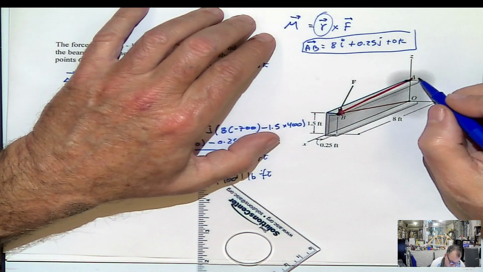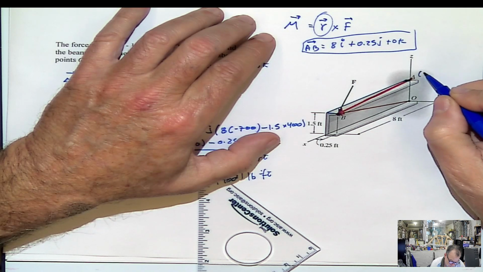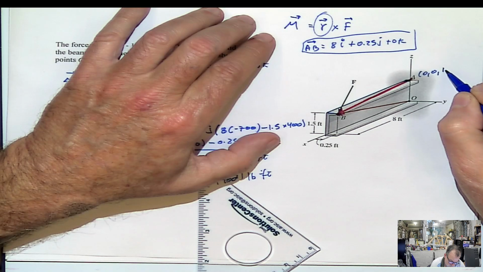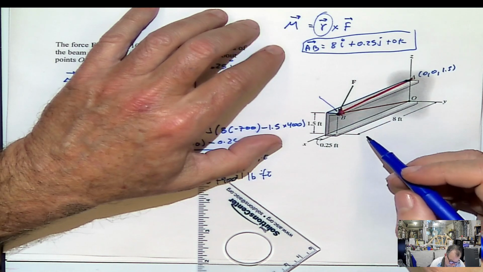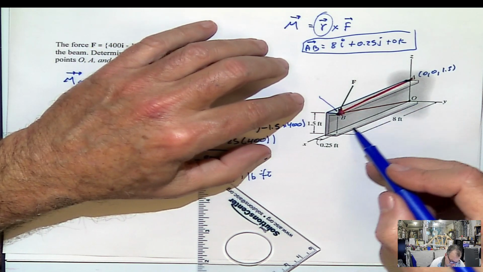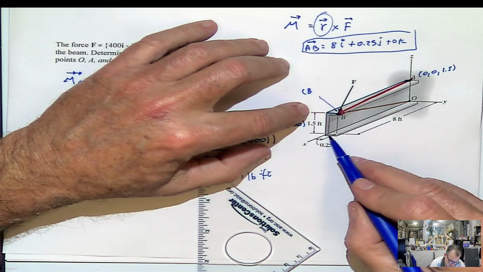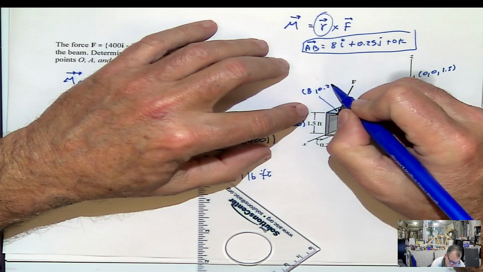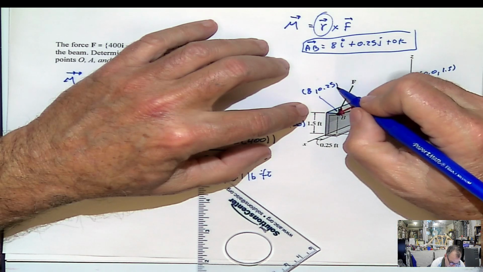Okay, use coordinates, no problem. What are the coordinates of the point A? 0, 0, 1.5. What are the coordinates of the point B? In X, 8. In Y, 0.25. And in Z, 1.5.